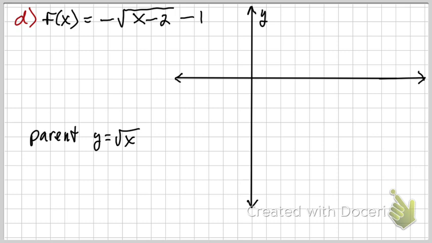A is -1. So it flips. Before I even get started, I need to know this. C is telling me what? It's going to go to the left or the right? Right? Correct. And D is -1, so it's going to go 1 down.